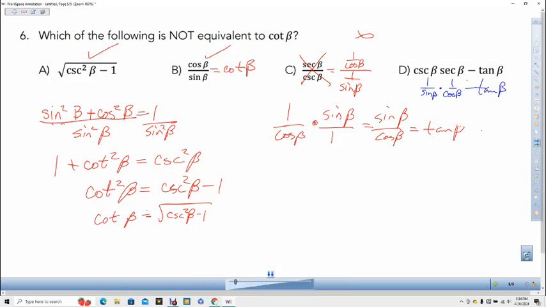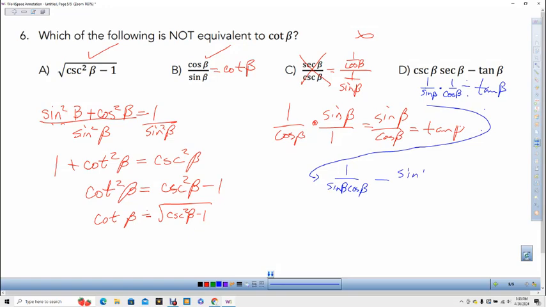All right, so I'm going to move down below this, so I've got some more room. Remember we're multiplying there and we're subtracting here. That's not a long t cross on the t, that's subtraction. So we can combine this together to get 1 over sine beta cosine beta minus, and tangent is just sine beta over cosine beta.